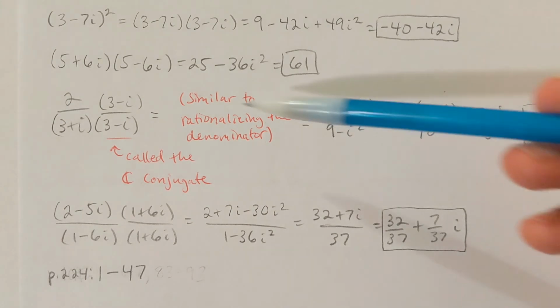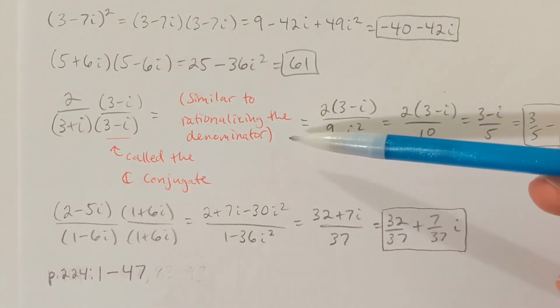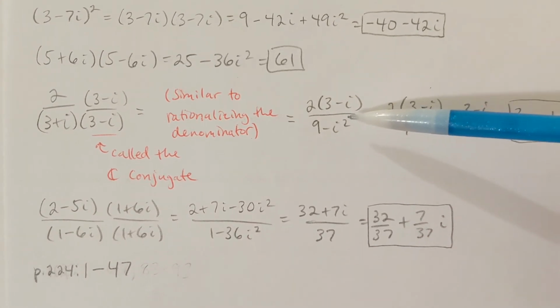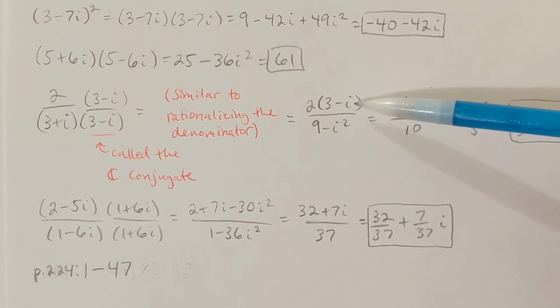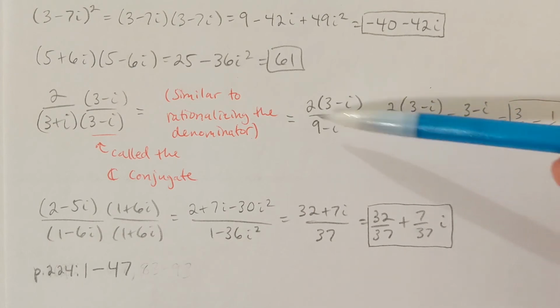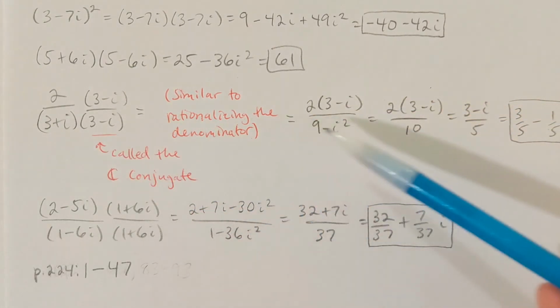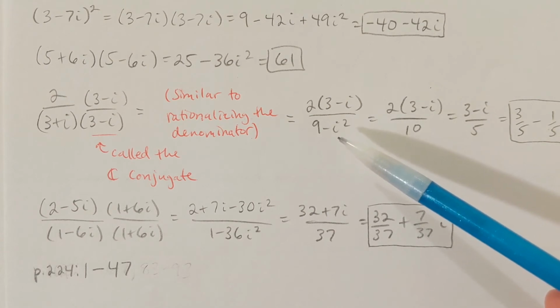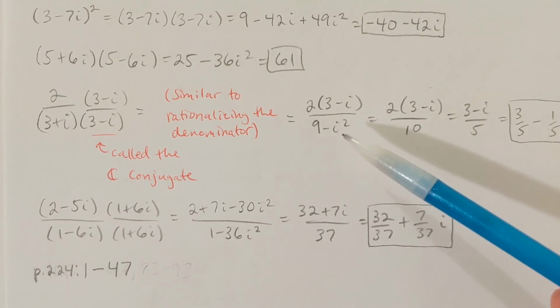And you can think of this as similar to rationalizing the denominator. So I have 2 times 3 minus i divided by 9 minus i squared. Again, the middle terms are going to go to 0 when I FOIL it.